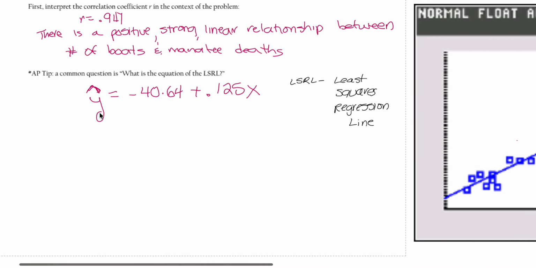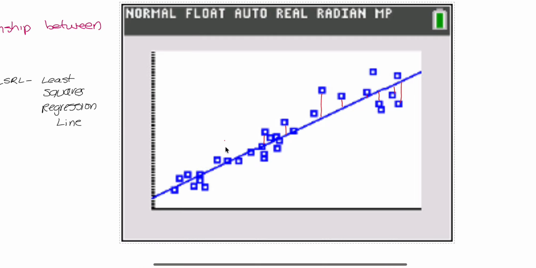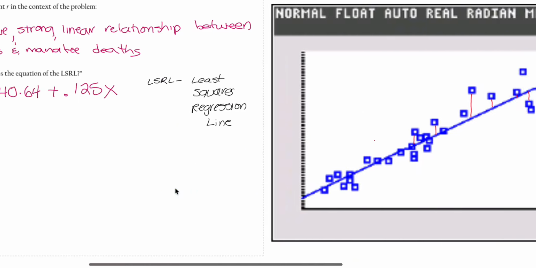So basically, like y hat. The reason that we put a y hat right here is because this is our predicted equation. It's not an actual equation. The raw data that we constructed is all of those dots on the screen, but the line of best fit is the LSRL, which you can see is kind of in between most of the data, and that's good.